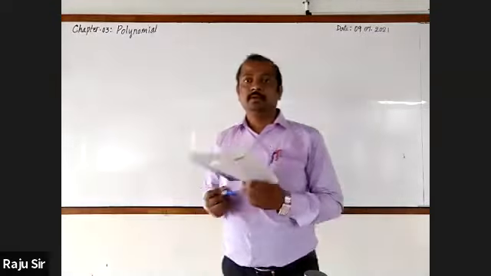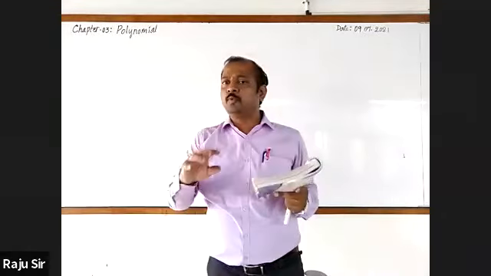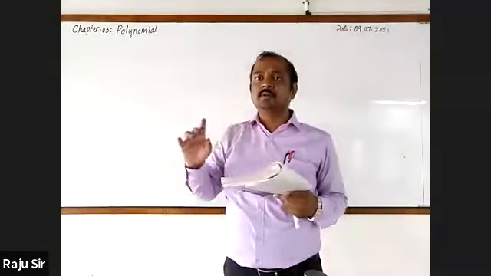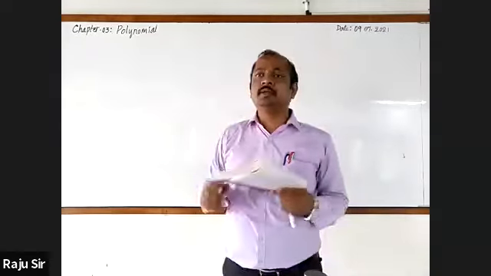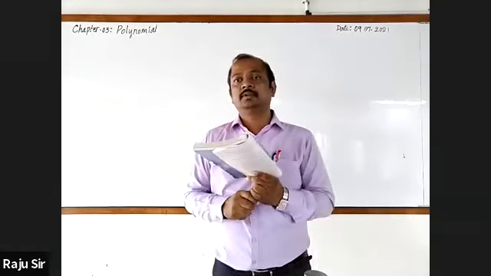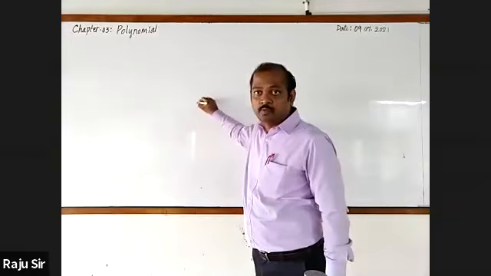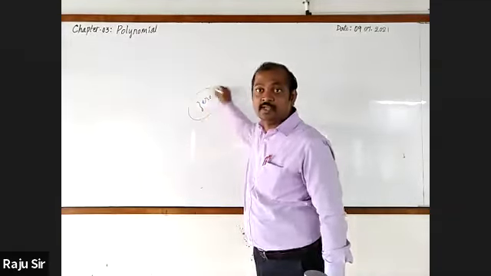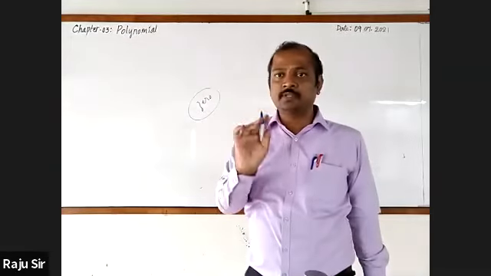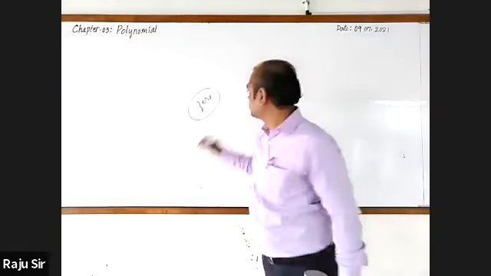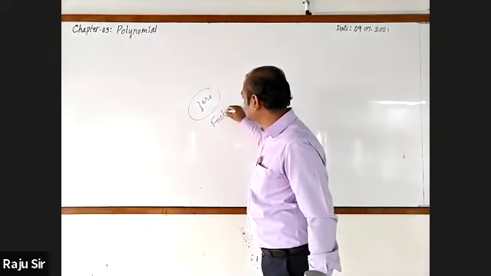Do you know why this factorization problem is so important? One thing is, you go for finding any one zero of the polynomial. Second, you go for using the factor theorem.